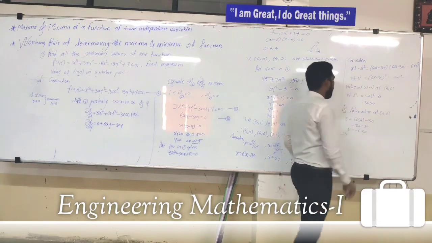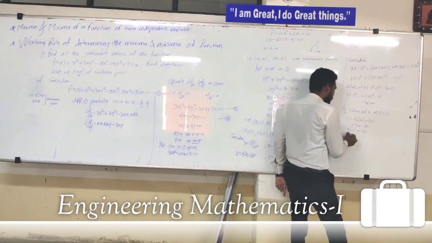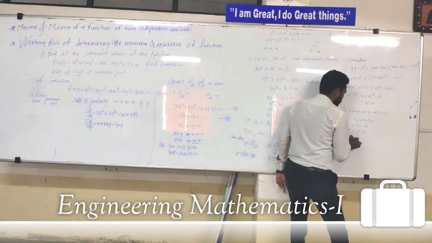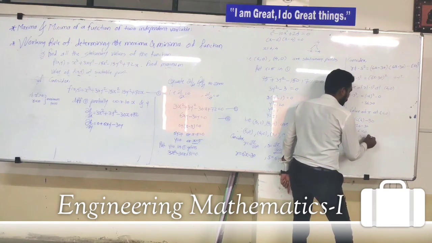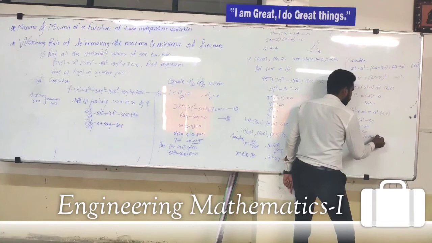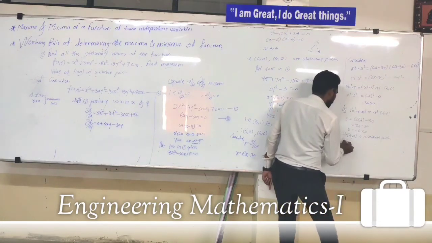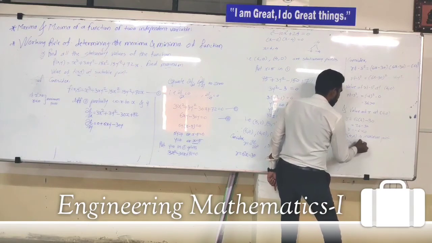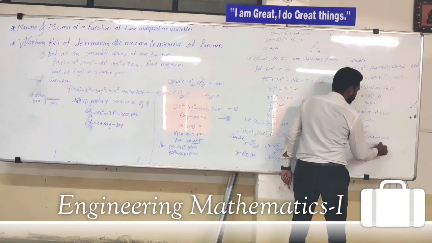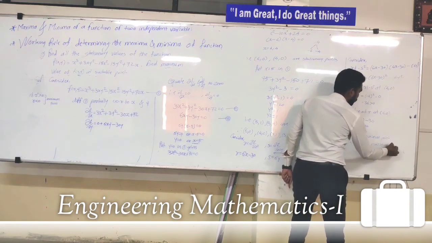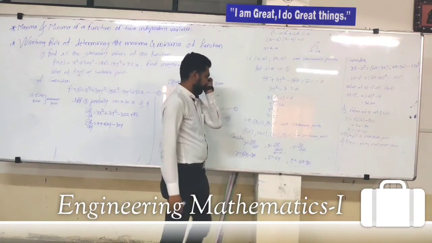This implies that rt minus s square greater than 0 and r less than 0 implies that 4, 0 is maximum point, and f of 4, 0 gives maximum value.